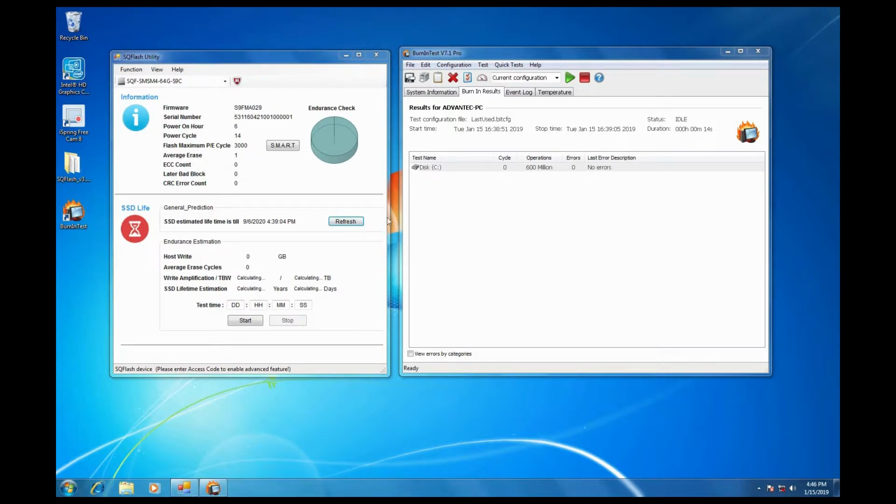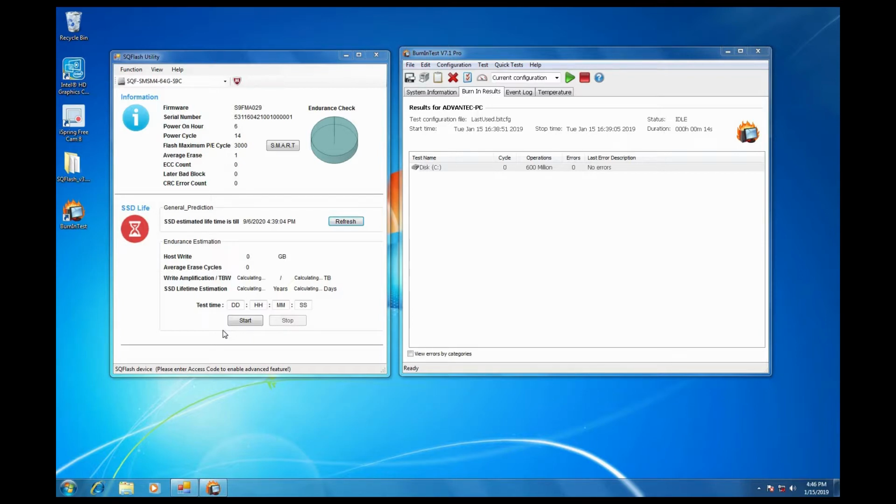During this time period, we're going to be running the life prediction over here on the drive, which will take data points throughout that time period, and we're going to then calculate at the end of 4 days what the expected life given this workload could be.